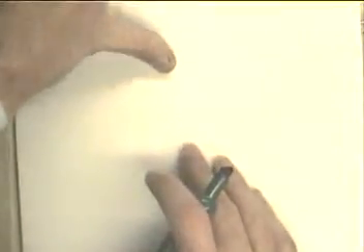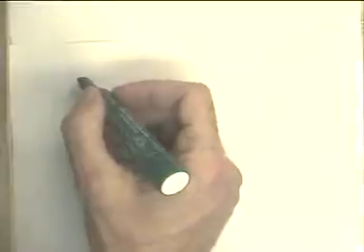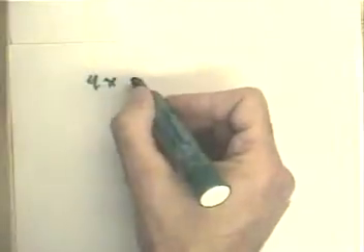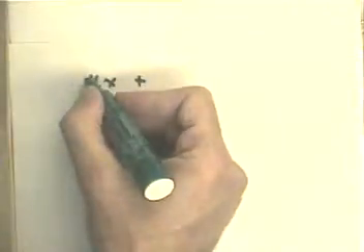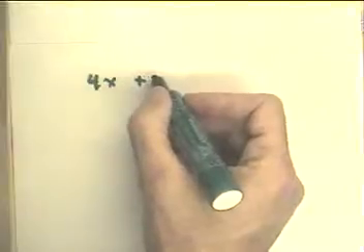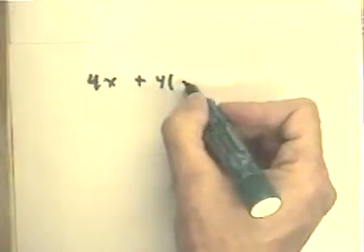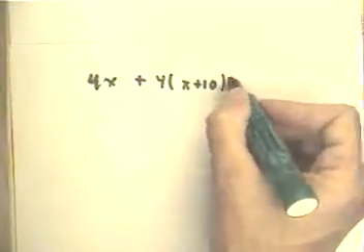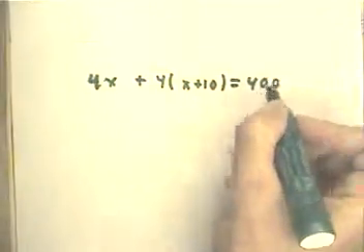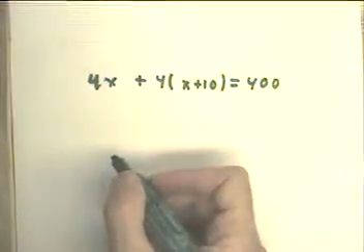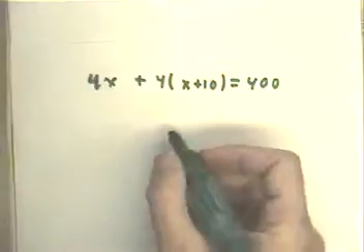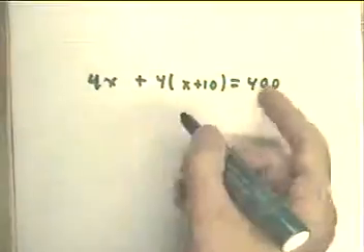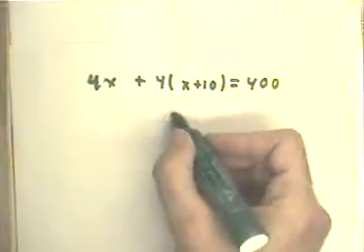So to write down the equation that results from all this information, the distance you travel is 4x. The distance Sweetie Sugar Honey Pie travels is 4 times x plus 10, which equals 400. Then we distribute and collect terms.